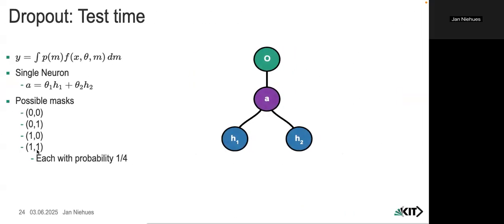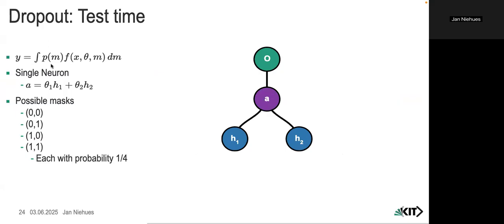So let's start with a very simple example. You have a single neuron which has two inputs. You calculate the weighted sum, that's A, then you apply your activation function, and that's your result. The weighted sum is parameter 1 times input 1 plus parameter 2 times input 2, the most simple one.